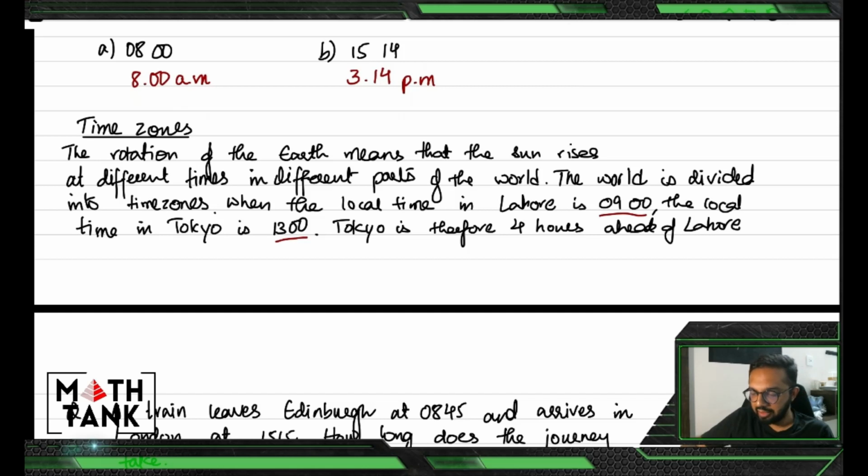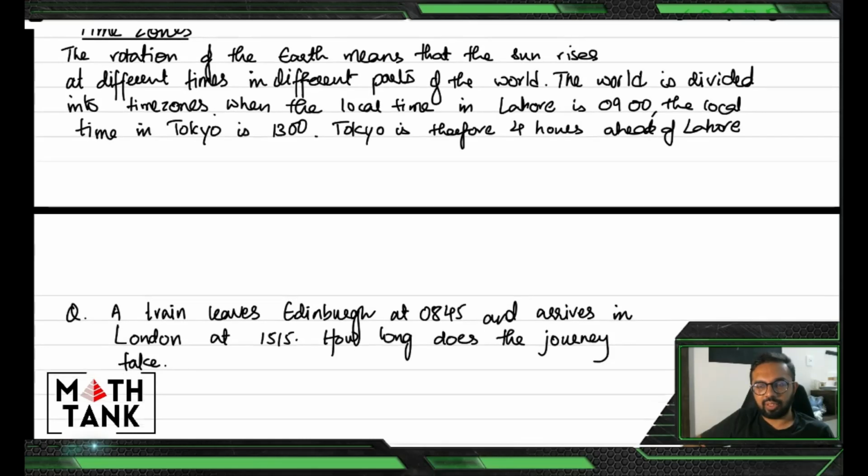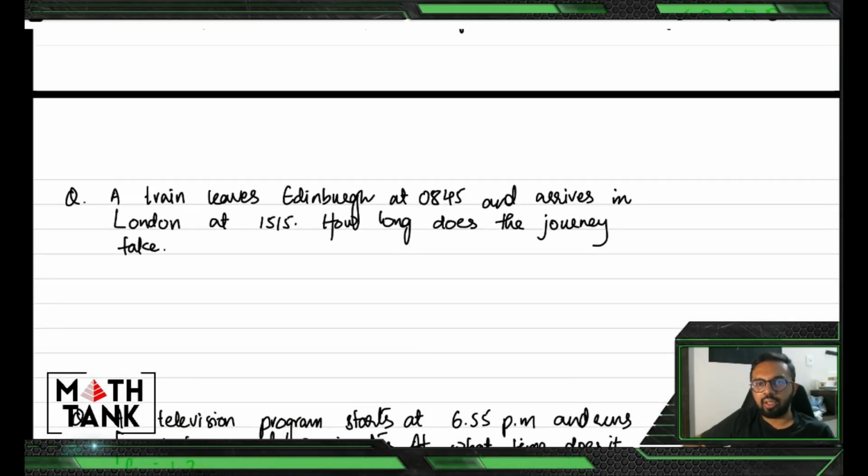This means that Tokyo is therefore 4 hours ahead of Lahore, or Lahore is 4 hours behind Tokyo, which means that the sun will rise at different times in different locations. So that is what you are adjusting for, and this is because of the rotation of the earth. The rotation of the earth leads to time zones, and then we sort of get confused as to what time is where. So we're going to try to handle those questions in a bit.